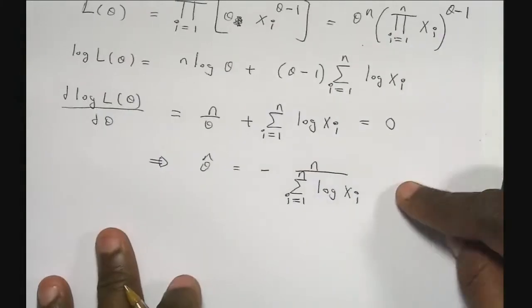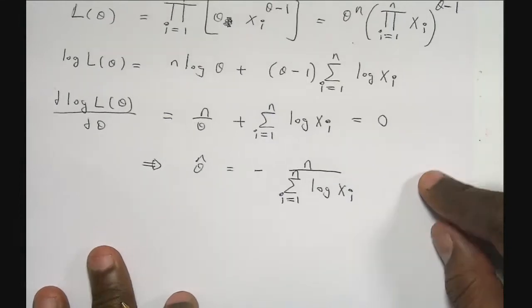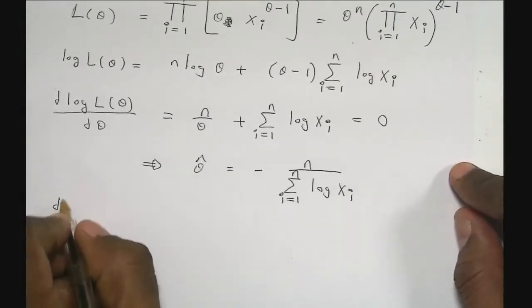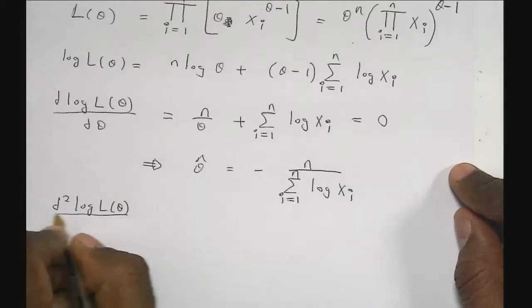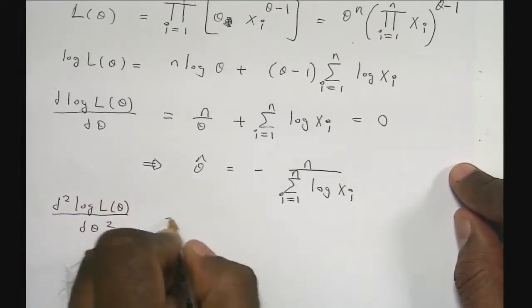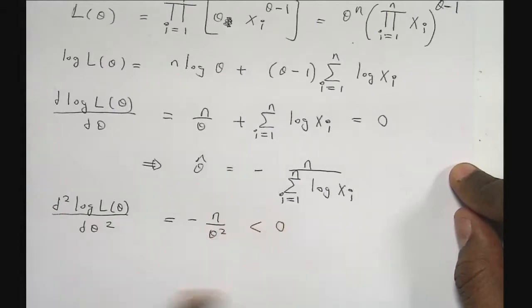Now to make sure that this is an MLE, what do you need to do, guys? You need to find the second order partial derivative with respect to theta, which is minus n by theta squared, which is of course a negative number.